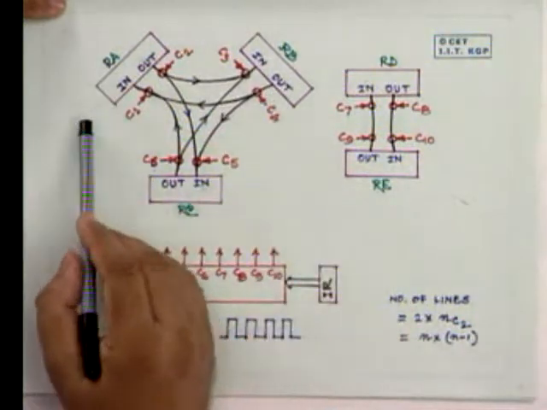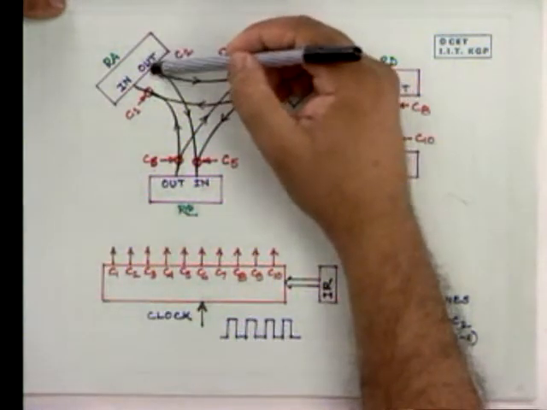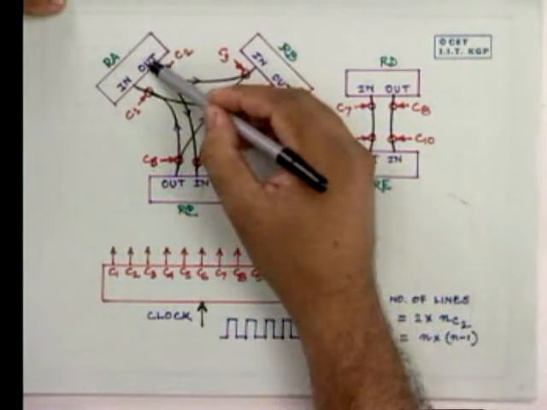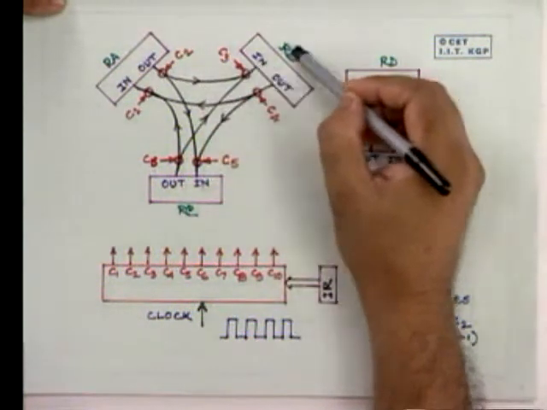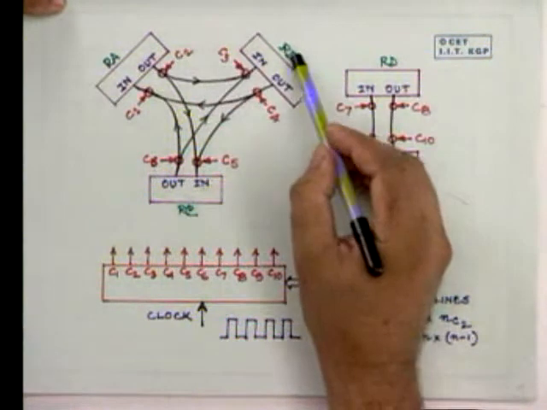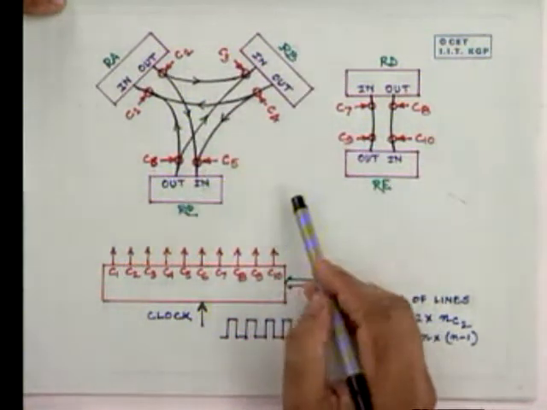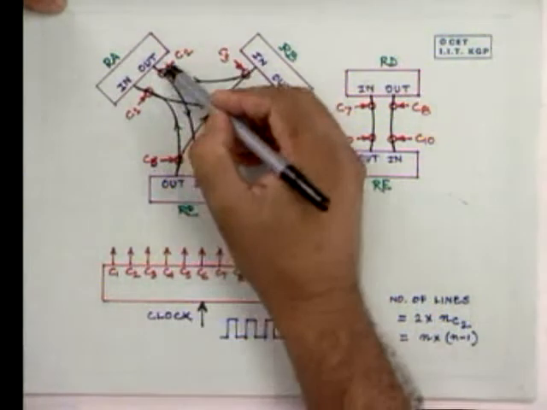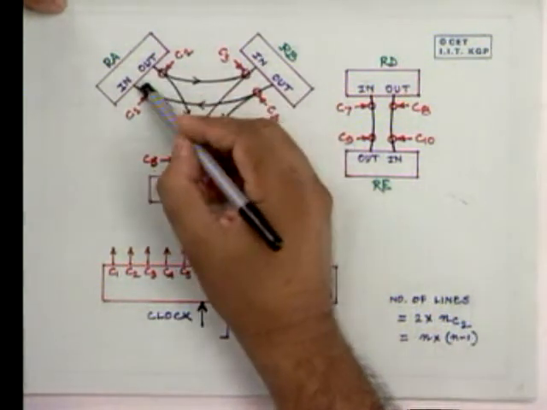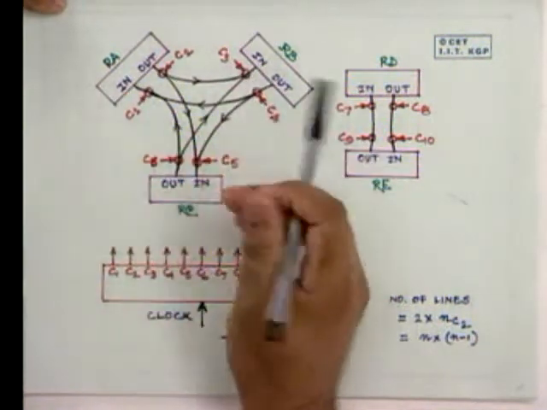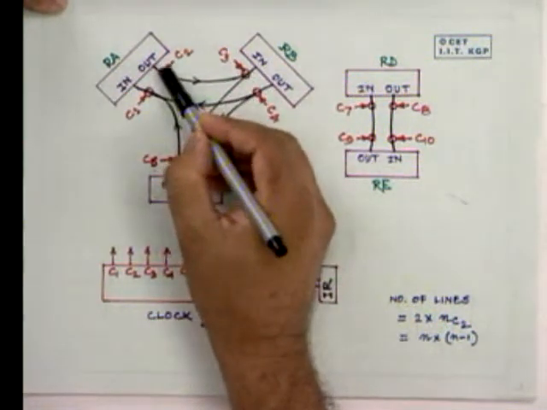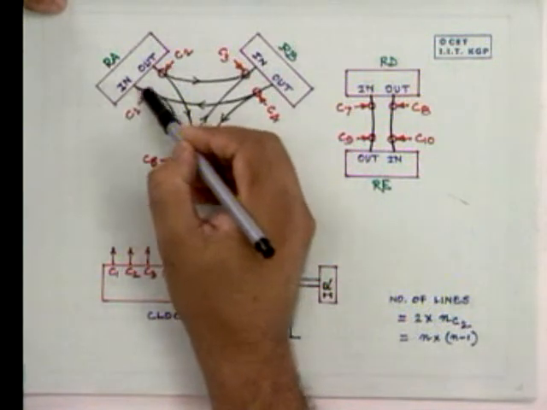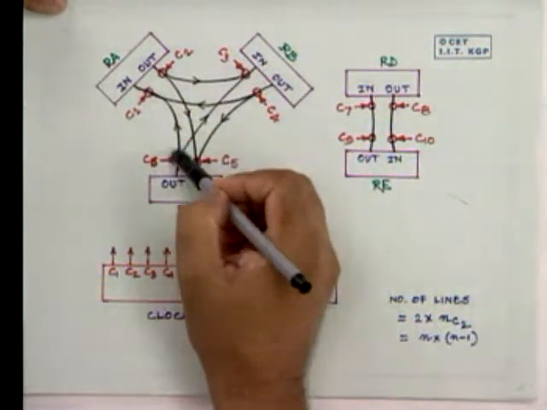For example, you see that RA output is connected to the input of RC, and RA output is connected to the input of RB, and so on for RB and RC also. This we call data paths, and on every data path, here and here, we have kept gates. C1 is a set of gates, one for each line in this data path.